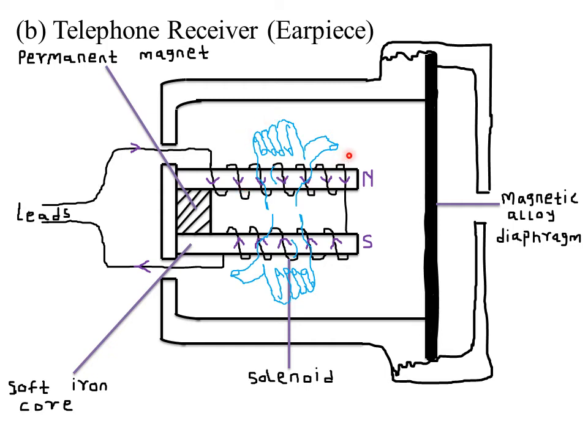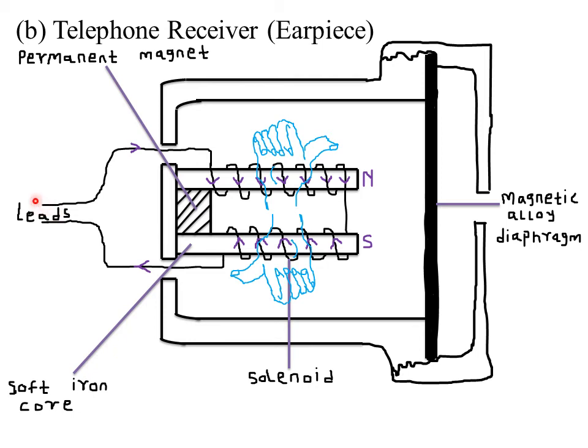So maybe in summary, when a person speaks through the microphone, the diaphragm is attached to another solenoid, and these cables are coming from the solenoid. When you speak, your sound waves cause the diaphragm to vibrate. As the diaphragm vibrates, it causes the solenoid, which is attached to these cables, to also vibrate.